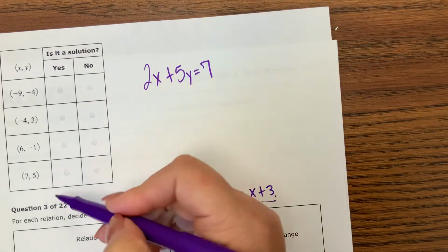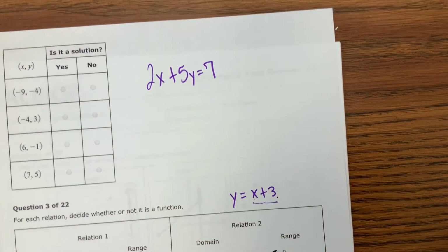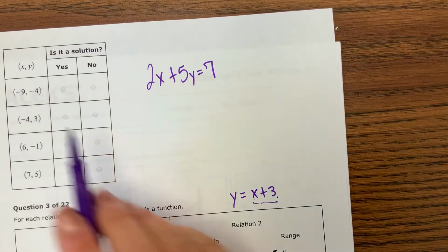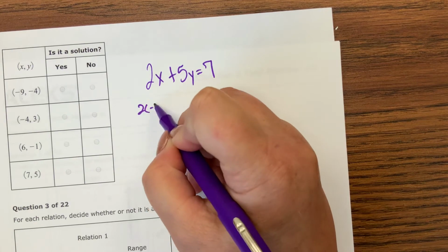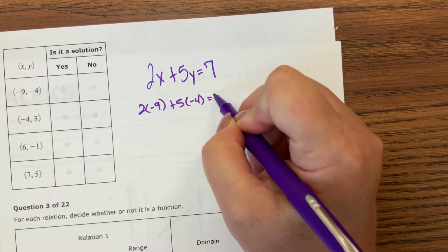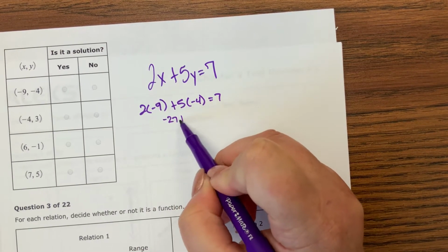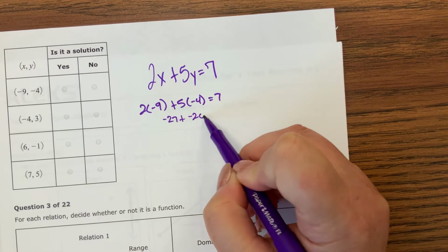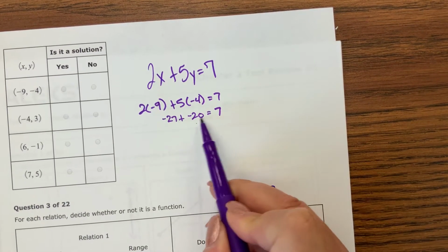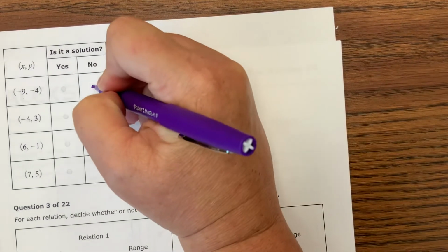They give you these ordered pairs, and if you were in the program, you would click yes or no. The way you do that is these are x's and these are y's, so you just substitute them in and go one by one. That's -27, that's -20. Is -27 plus -27? Nope. That one is a no.